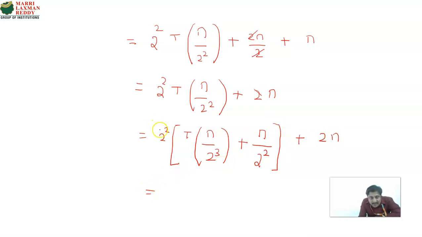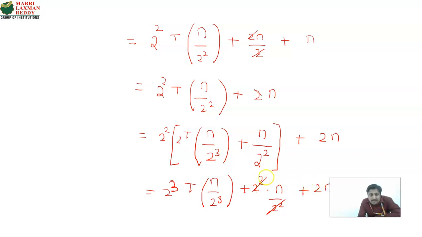Multiplying, it will be 2³T(n/2³) + 2²(n/2²), so 2² will get cancelled, plus 2n will remain as it is, giving 2³T(n/2³) + 3n.